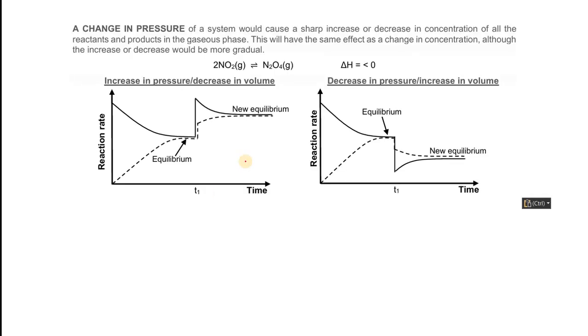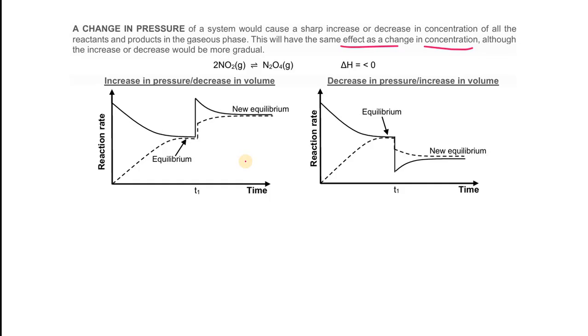If you change pressure, remember that an increase in pressure is going to favor the reaction that produces a smaller amount of moles, meaning here we're going to favor the forward reaction if we increase pressure. If we decrease pressure, we favor the reaction that's going to produce more moles, which is the reverse. Now I want you to see here that it has the same effect as concentration.